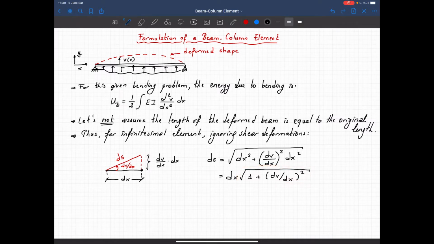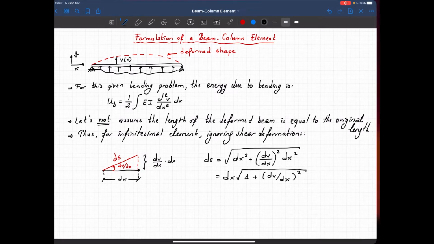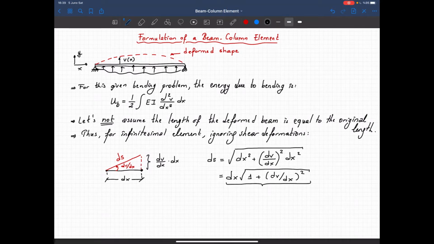Now again, I have a square root here, which I don't like. So instead, I'm using a Taylor series expansion and ignoring higher order terms.